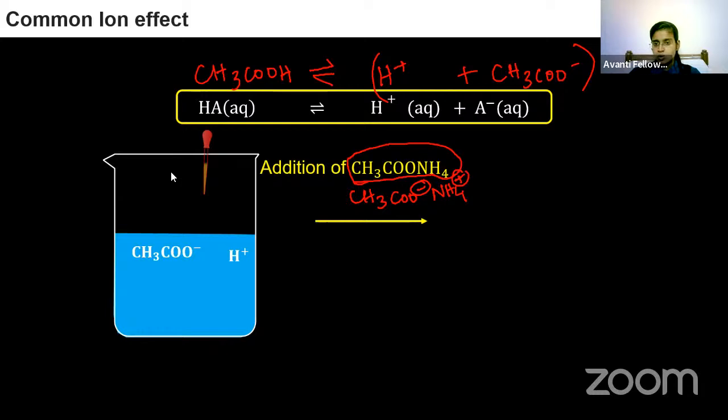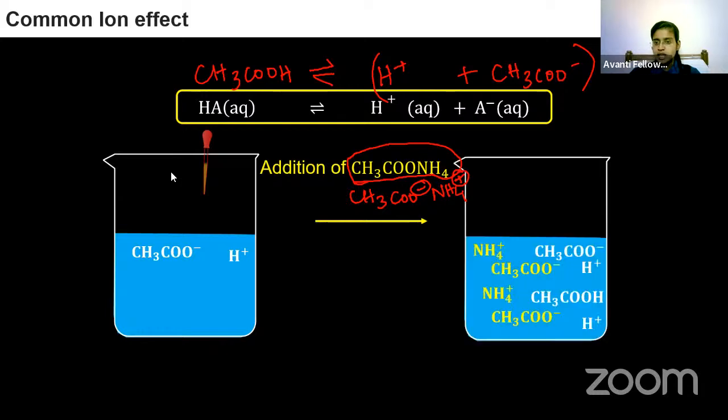Now what will happen inside the beaker? In addition to these two ions, we also have some ions from ammonium acetate. Already we have the acetate ion, and from the ammonium acetate also we are getting the acetate ion.